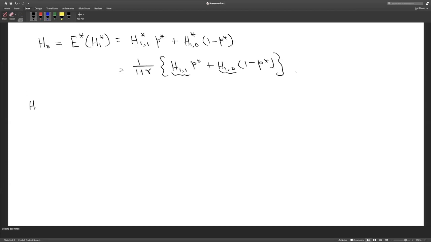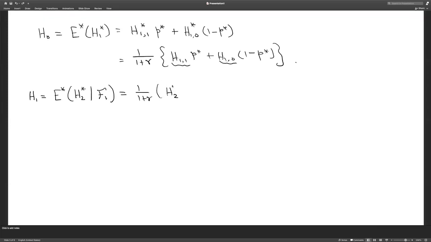Remember, H1 is given by E star of H2 star given F1. That is nothing but 1 by 1 plus R into H2 up, that is in our old notation, H2 uu P star plus H2 d 1 minus P star, right? Now we have two possibilities.